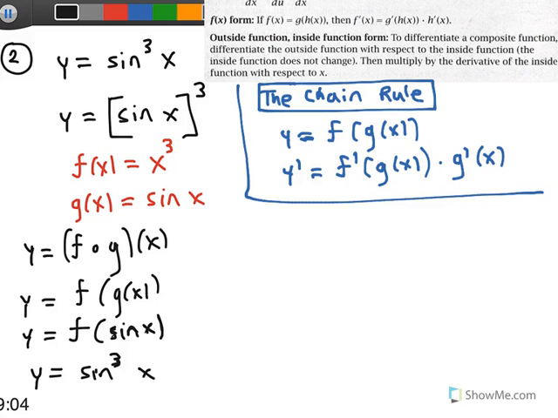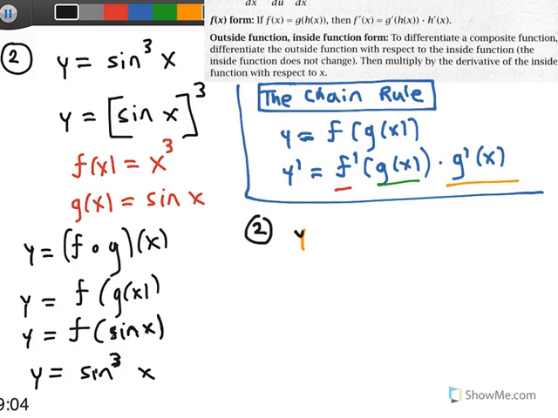So now we take a look at number 2, and we have a composite function. So to find the derivative of this composite function, we will use the chain rule. And the chain rule says if you have a composite function, you take the derivative by finding the derivative of the outside function and evaluating that at the inside function, and then multiplying by the derivative of the inside function.